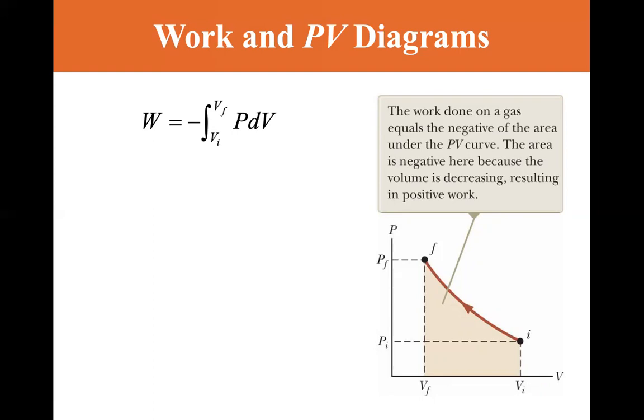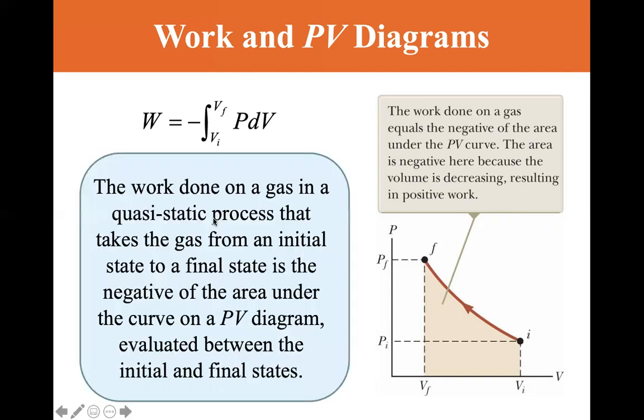Now, if it were reversed, if the gas were expanding and pushing on the piston, then it would be negative work. All right, so the work done on a gas in a quasi-static process that takes the gas from an initial state to a final state is the negative of the area under the curve on a PV diagram, evaluated between the initial and final states.